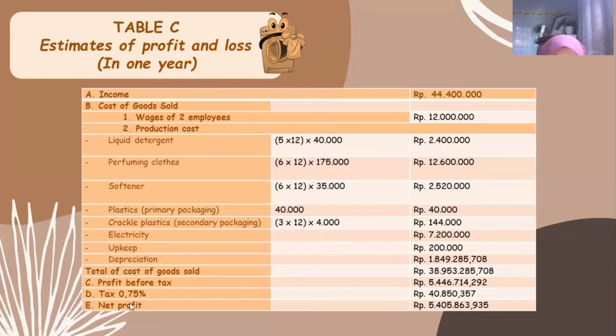And we have net profit is 5,405,863,935, gotten from the profit before tax minus the result of the tax.